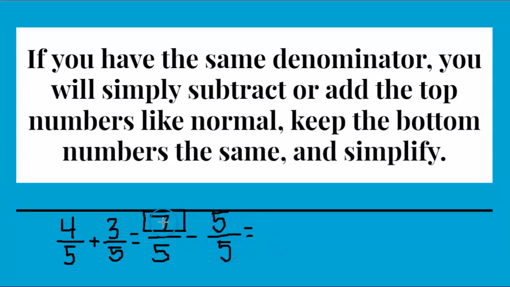So if we subtract 7 minus 5, that will give us 2 fifths. So the answer in proper form, since we took out something that is equal to 1, we have 1 and 2 fifths.